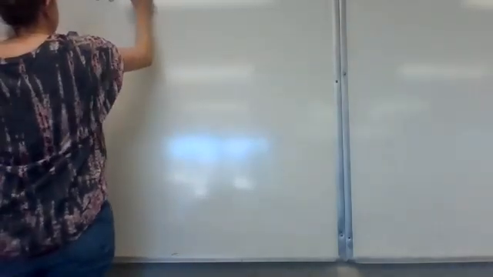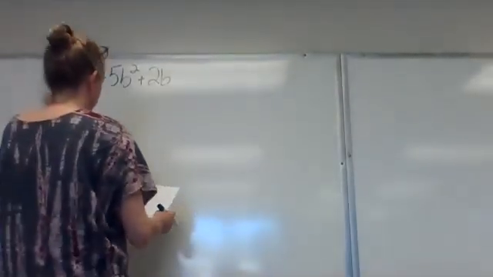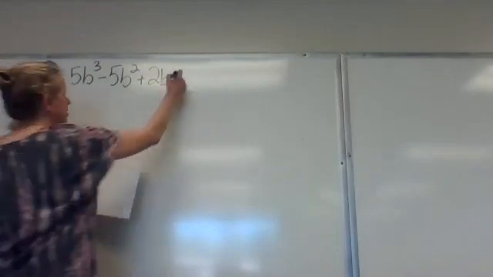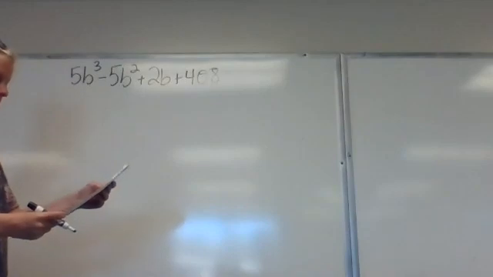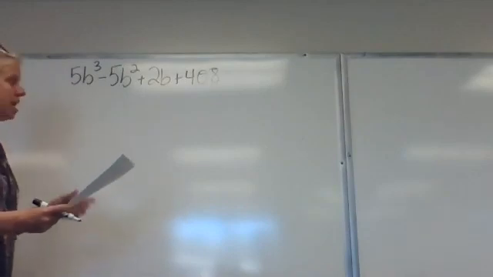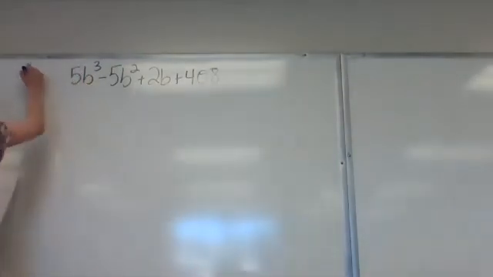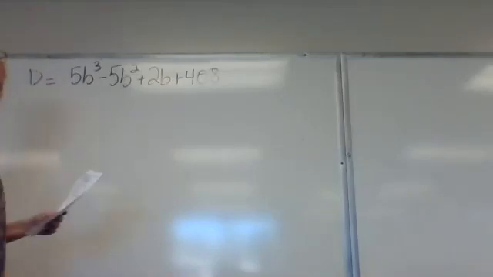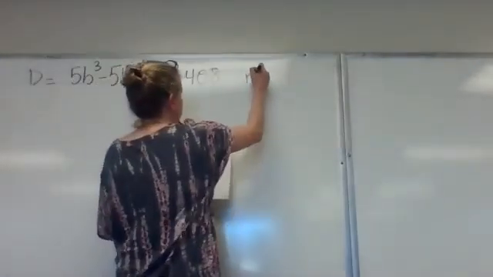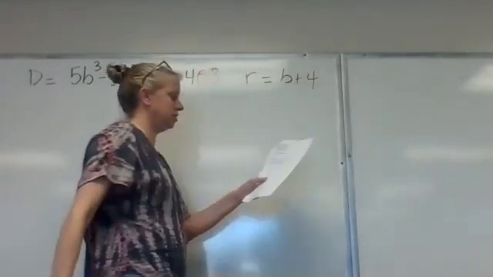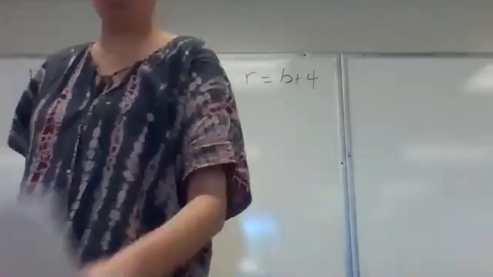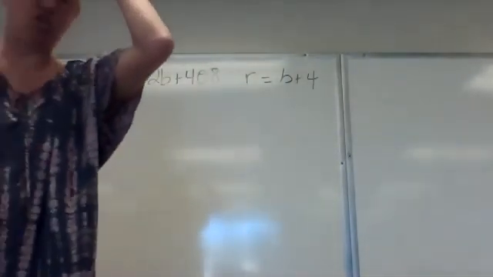We can't see the top of the board. Oh, sorry. Thank you. So there's the distance traveled, and the rate is b plus 4. So distance traveled is that. The rate is b plus 4. Write an expression in hours for the time traveled.